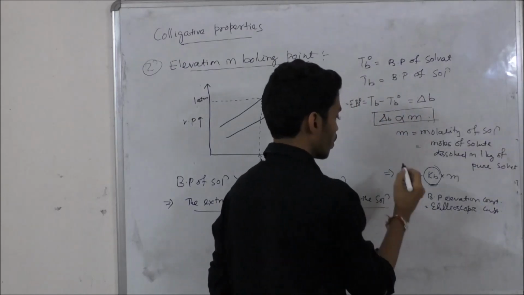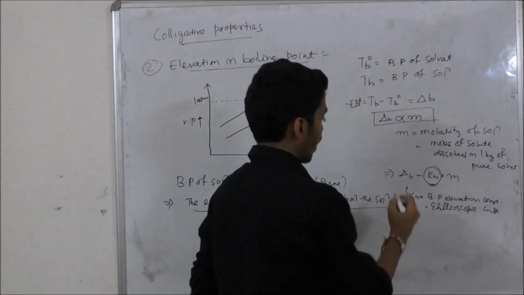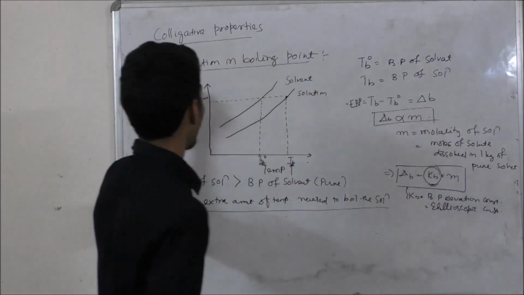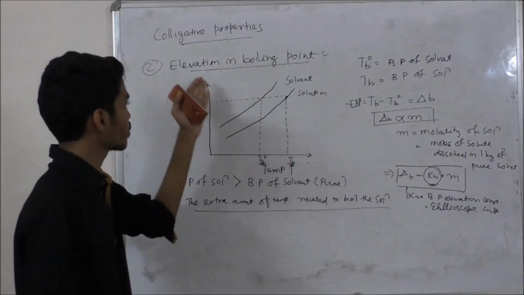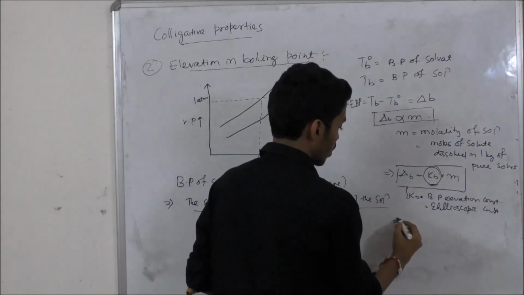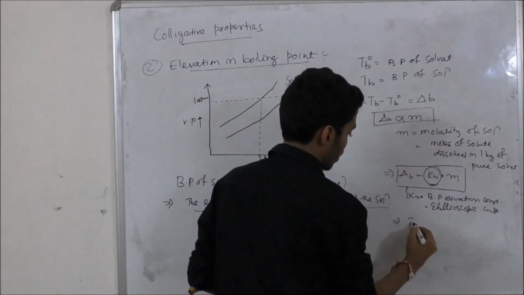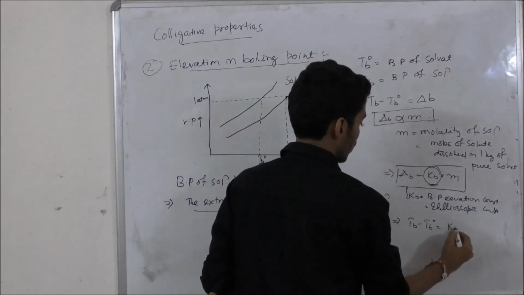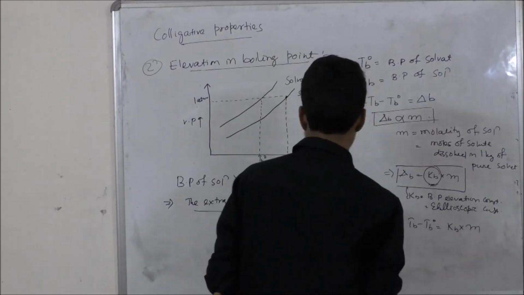So this is the final equation that we can use while solving any question on elevation in boiling point: delta Tb, or Tb minus Tb naught, equals Kb into molality.